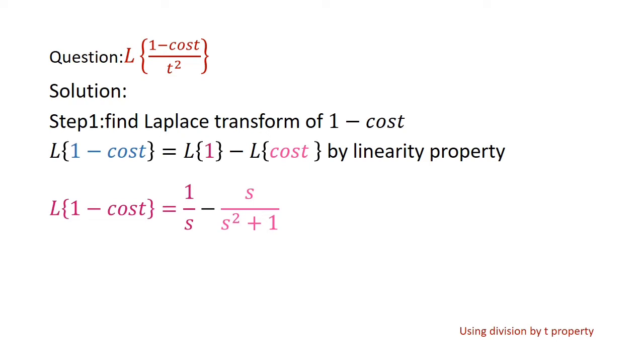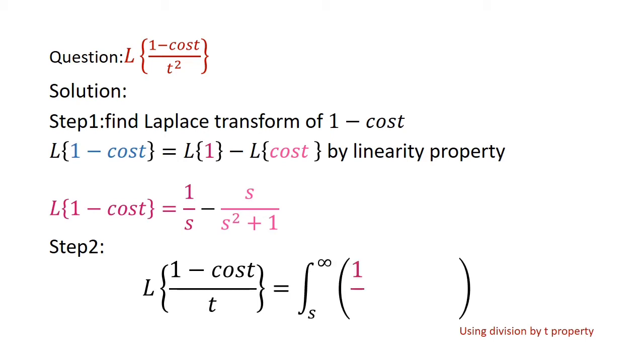In the second step, we need to find out the Laplace transform of (1 minus cos t) upon t, which equals the integration of f dash s, and the limit is s to infinity. Here the value of f dash s is 1 upon s minus s upon s square plus 1.